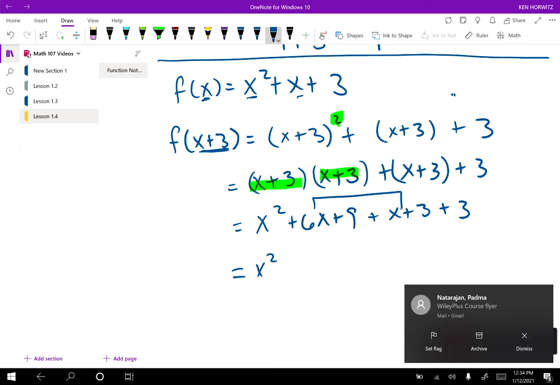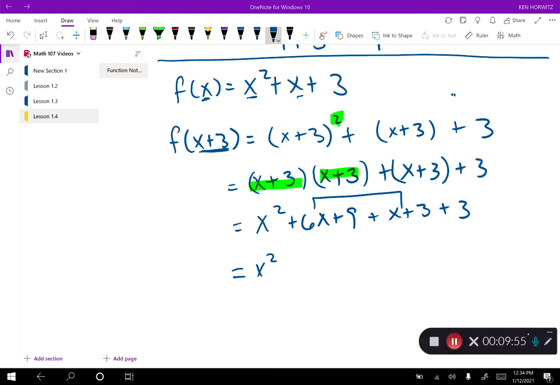I have 6x plus x, which is plus 7x. And then I have a 9, a 3, and a 3. So 3 plus 3 is 6. 6 plus 9 is 15.